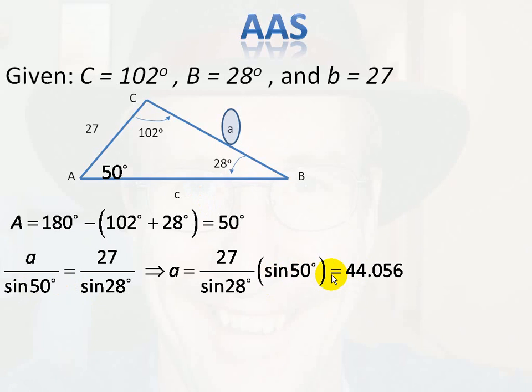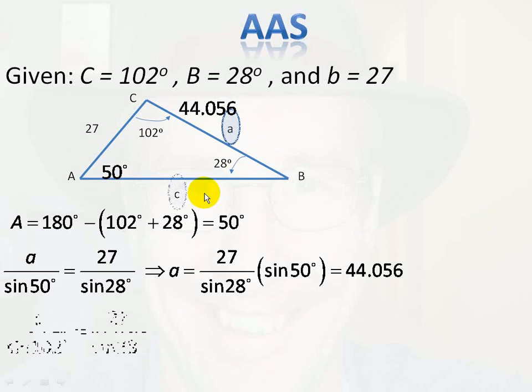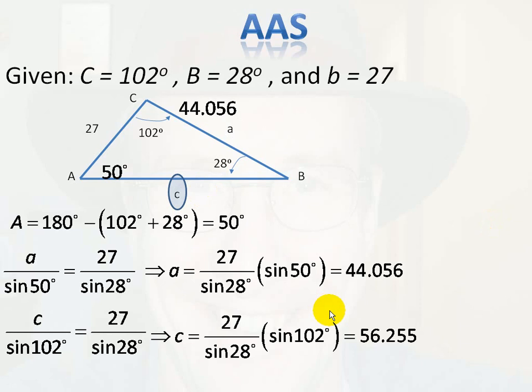So we found A. Now the only thing left for us to find is C. Okay? So here we've got C over sine of 102 equals 27 over sine of 28. Looks just like the previous problem, except now we're dealing with the lowercase c. And we find that lowercase c is 56.255.